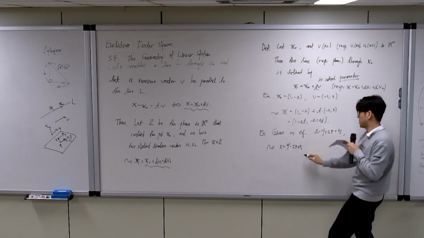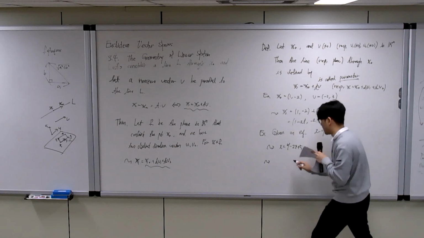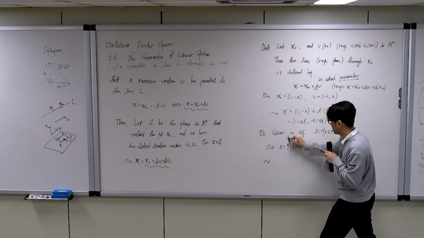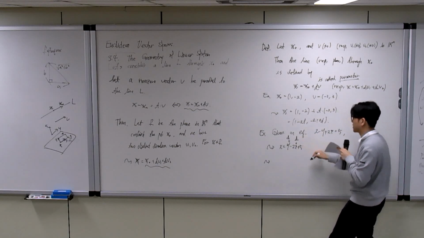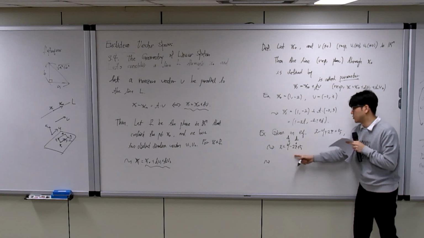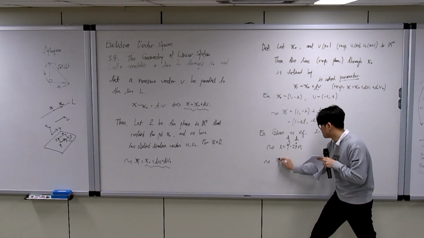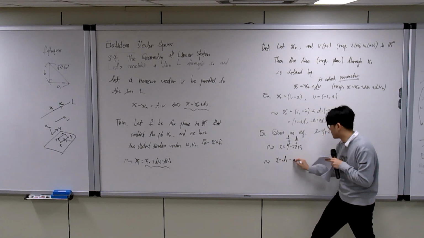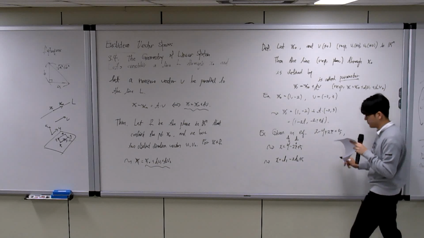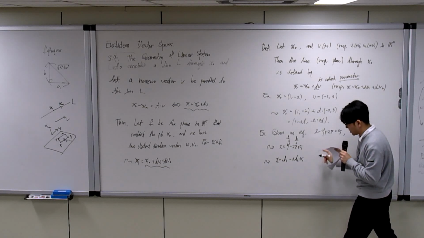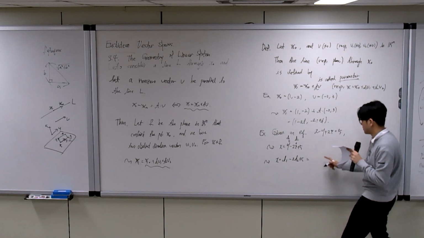And actually in chapter 1 we used the same way by introducing t1 and t2 as parameters: x is t1 minus 2t2 plus 5, y is t1, and z is t2.